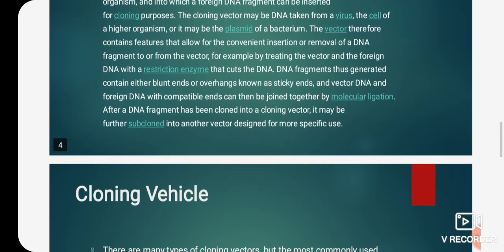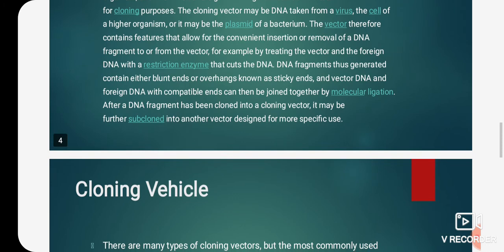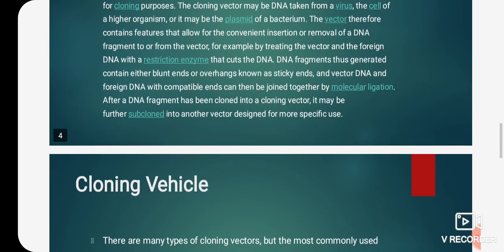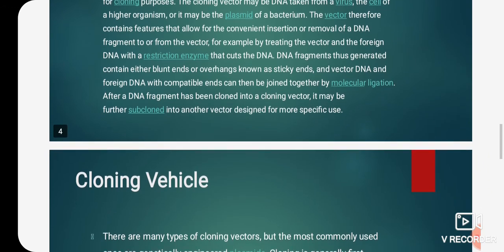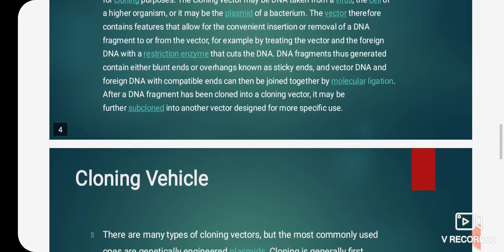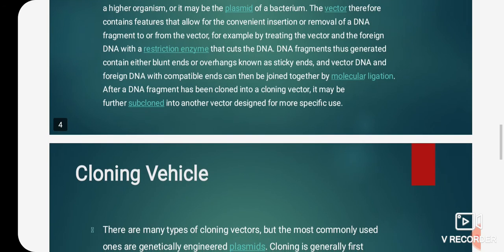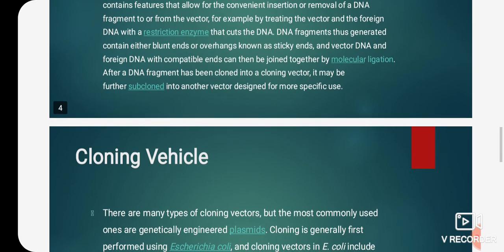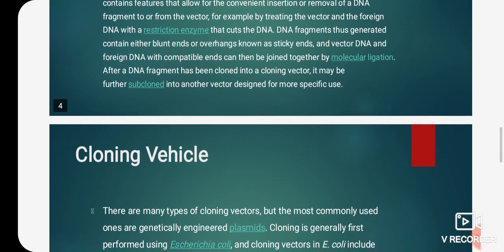DNA fragments thus generated contain either blunt ends or overhangs known as sticky ends, and vector DNA and foreign DNA with compatible ends can then be joined together by molecular ligation.